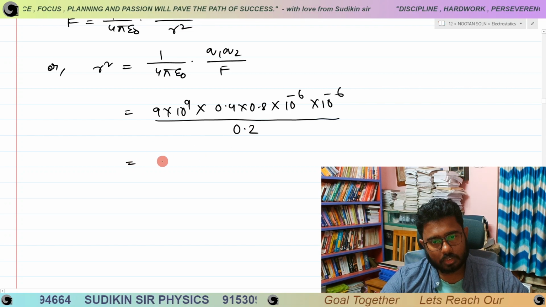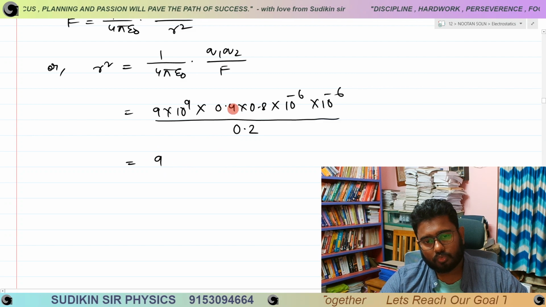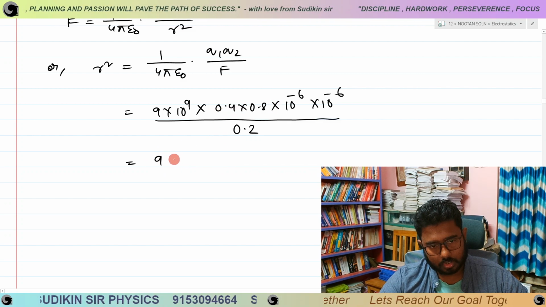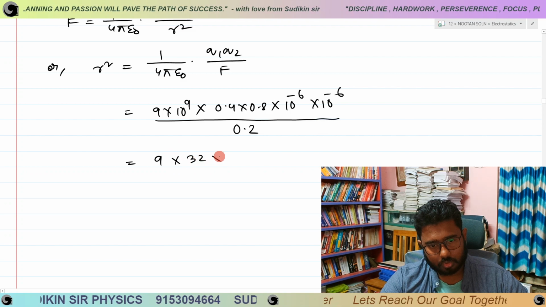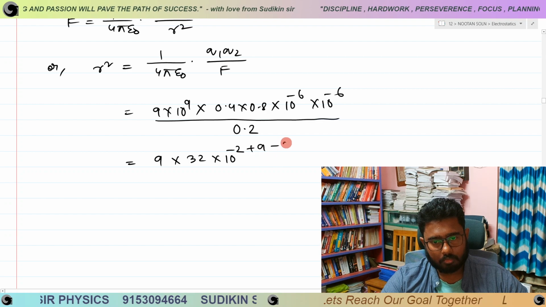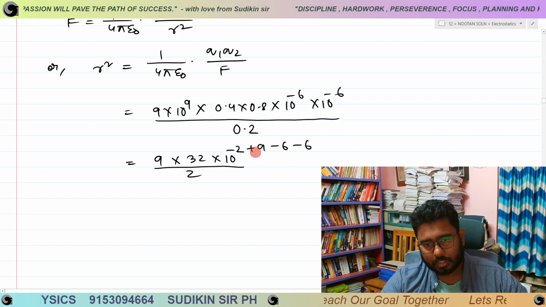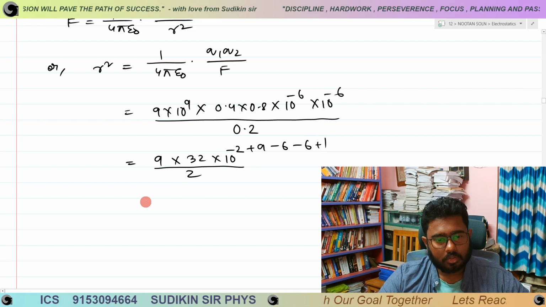So if we do it in this way, it will be 9 into 4 8s are 32. That is 9 into 32 into 10 to the power minus 2 plus 9 minus 6 minus 6. Divide by 2 by 10, that will be plus 1.